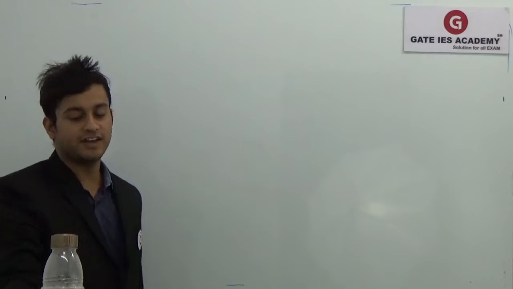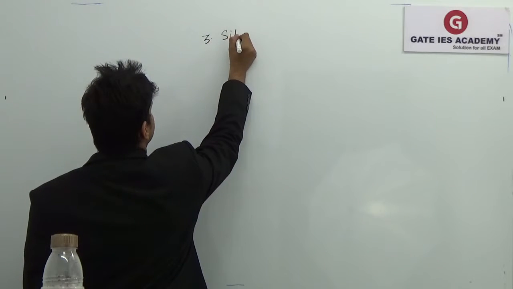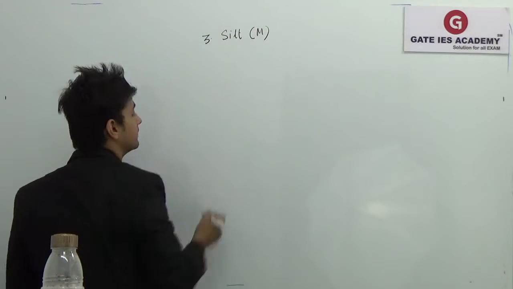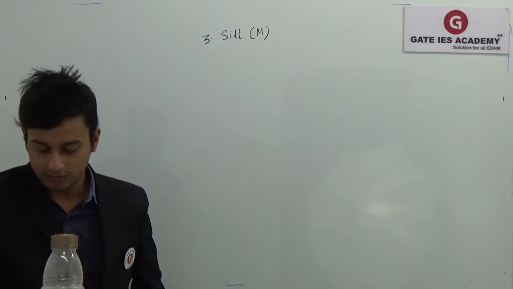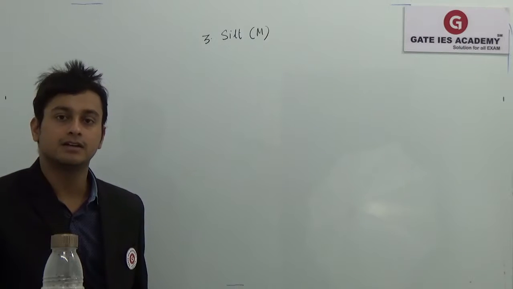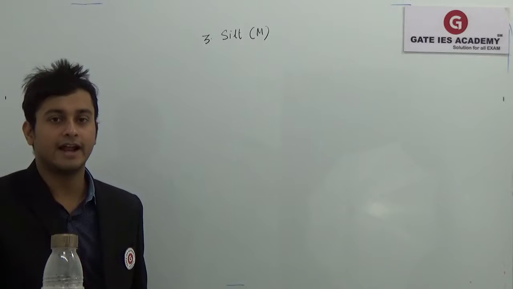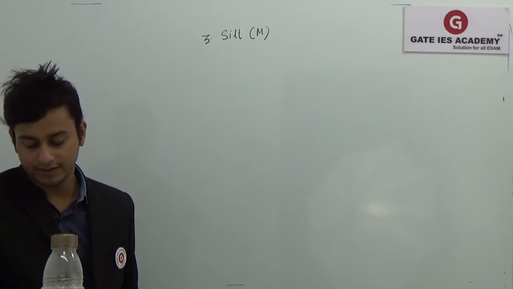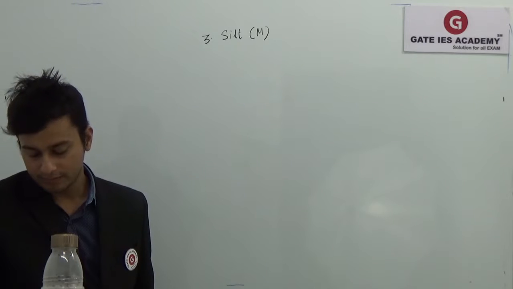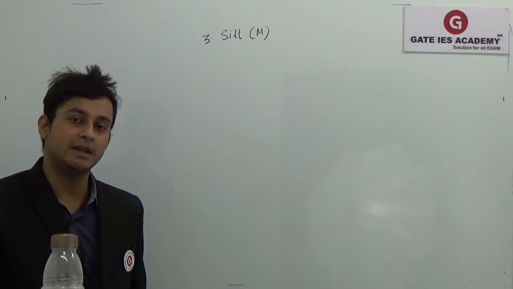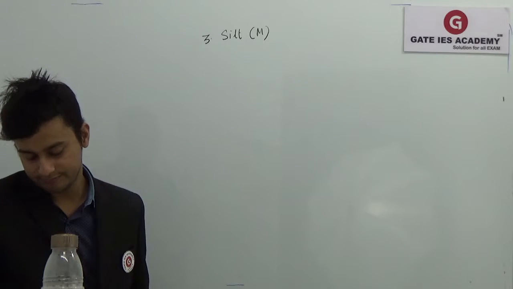Okay students, next, in classification of soil we have silt. Silt is denoted by M. Okay, so write down: soil passing 75 micron sieve and identified by slightly plastic behavior regardless of moisture content.